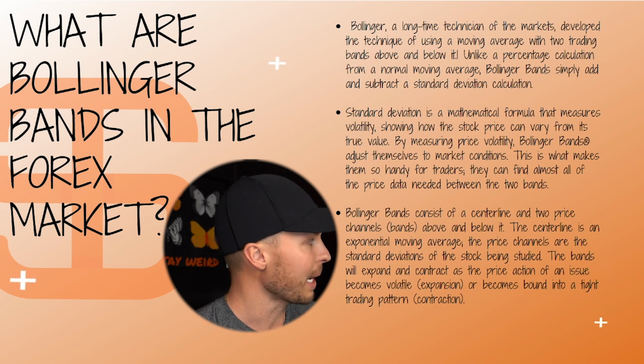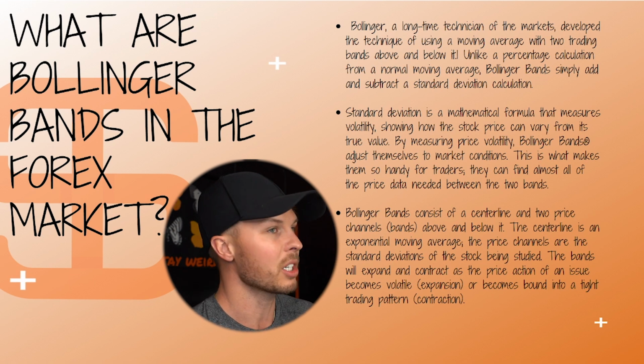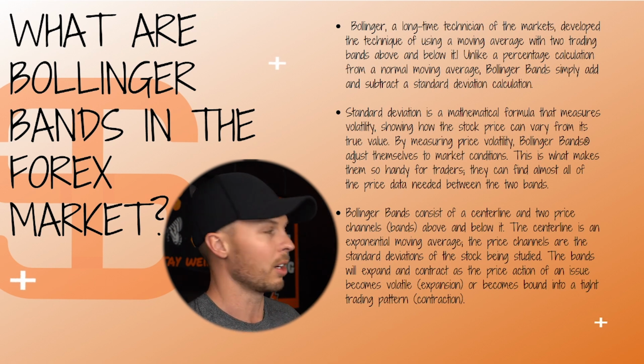These bands will expand and contract as price action becomes volatile, okay? So as the market becomes either more volatile or we see sideways movement, you'll see the bands either contract or expand. And I use that in a specific way that I'll be teaching you throughout this video, okay?